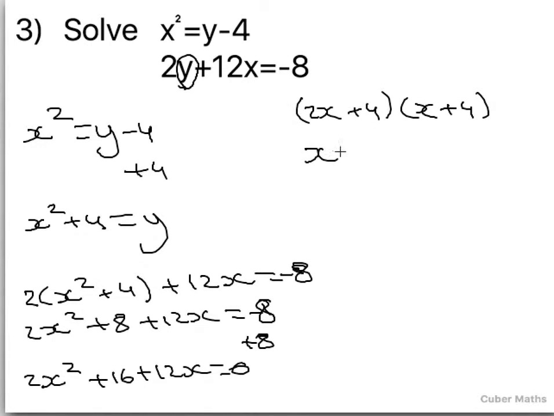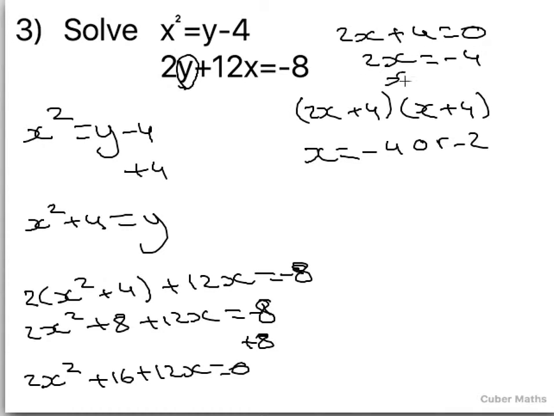So that means x is equal to minus 4 or minus 2. Because up here we're saying 2x add 4 is equal to 0. So 2x is equal to minus 4, which means x is equal to minus 2, which is where we get our minus 2 from.